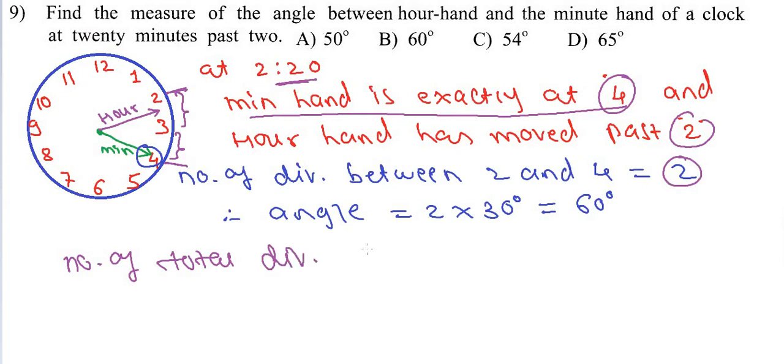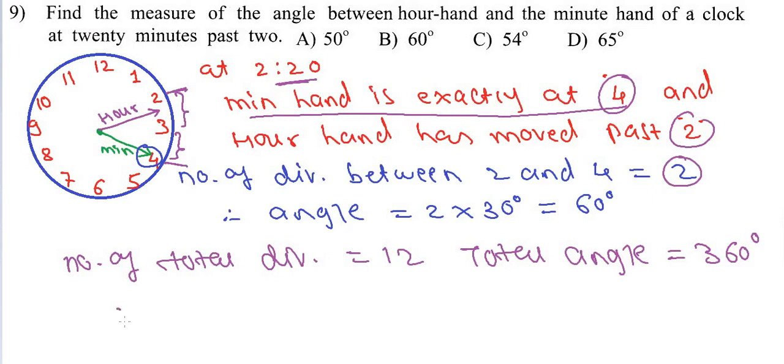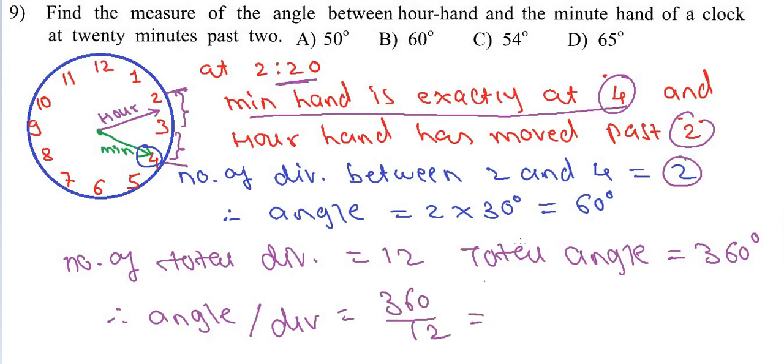Total divisions is equal to 12 and the total angle is a complete circle. Complete circular angle is equal to 360 degree. Therefore angle per division is equal to 360 divided by 12. 12 threes are 36, that is equal to 30 degree, right?